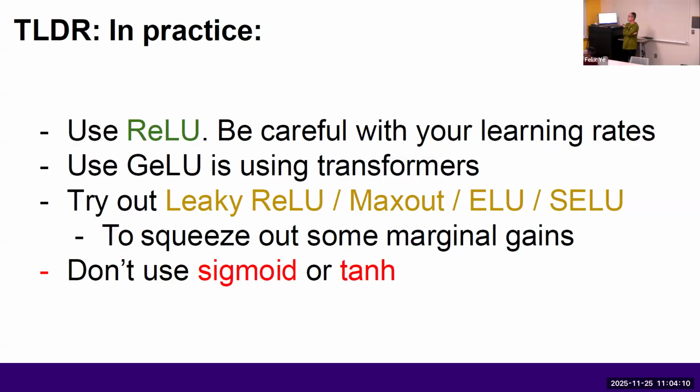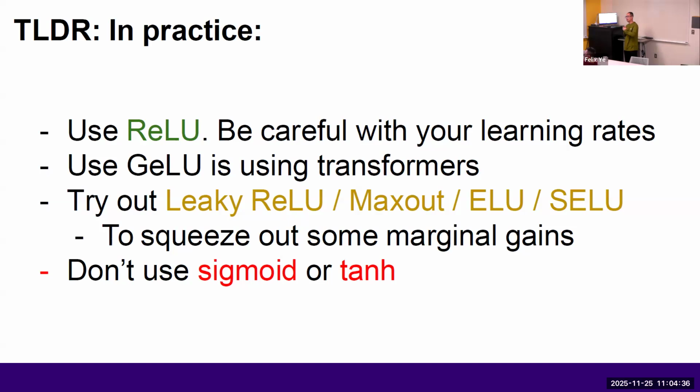So there are a lot of take-home messages, and unfortunately we used sigmoid as one example. But the take-home message here is don't use sigmoid, right? It's bad. So use ReLU, use GELU in transformers, try leaky ReLU, ELU, to squeeze out some marginal gain.